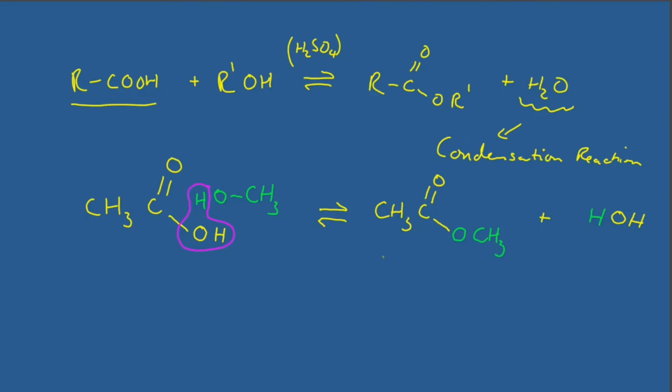So this time we will have methyl ethanoate, just as practice for naming these. 2 carbons in our acid end, so ethanoate, and 1 methyl group from our alcohol, and then we form our water as well over here.